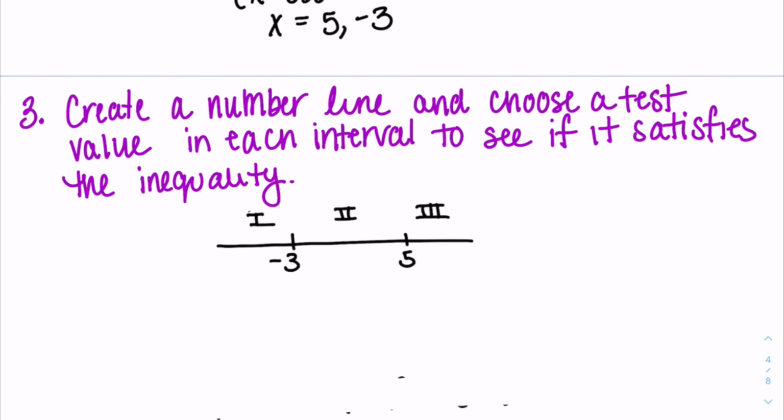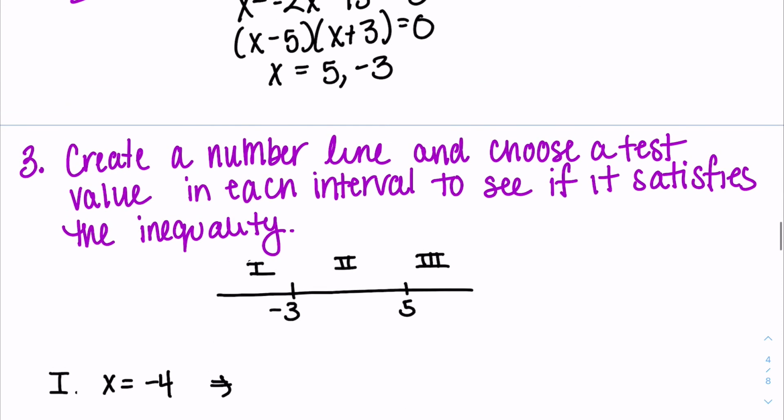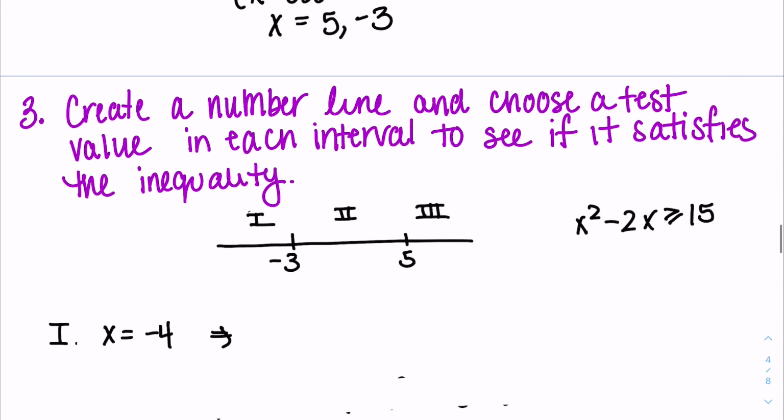If we want to go ahead and see if each one's going to work, we're going to pick something inside each of them. So inside interval 1, you could pick -4. And plugging that into any of the inequalities you have. So if we go back a little bit, the inequality we're working with is x squared minus 2x is greater than or equal to 15.